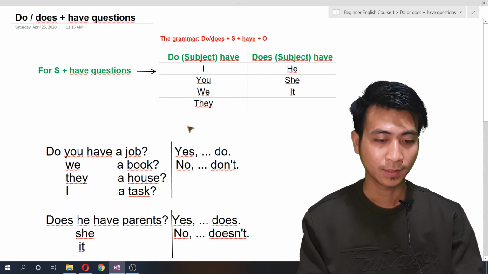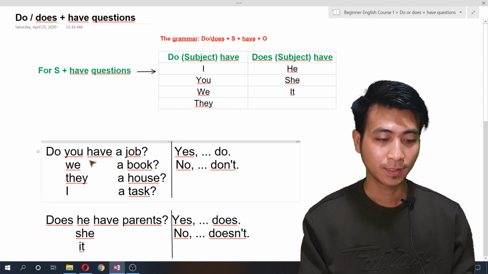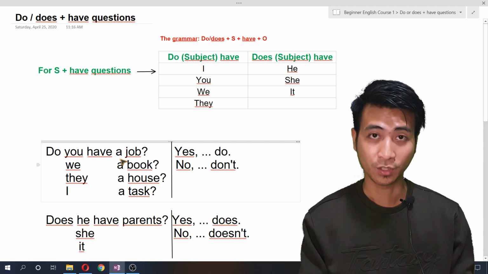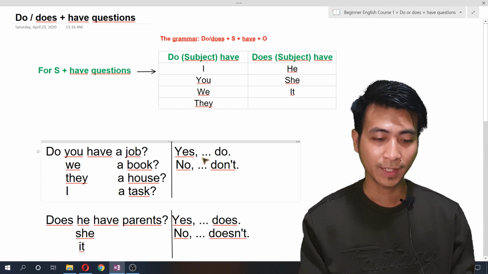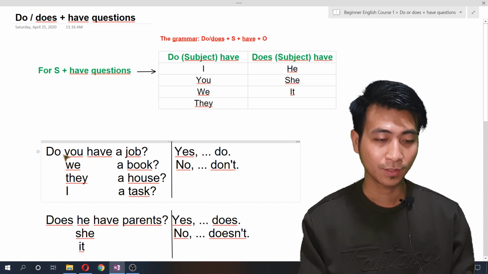Okay, let's jump to the sentences. Here there is a sentence: do you have a job? We use do for the subjects you, we, they, and I. We use do. Do you have a job? And we can answer yes or no. Look at the question.